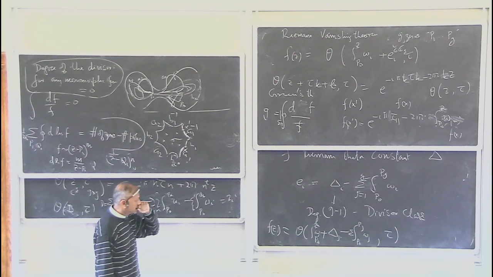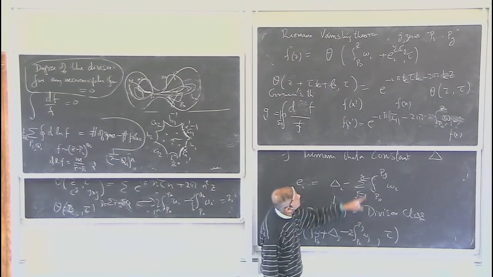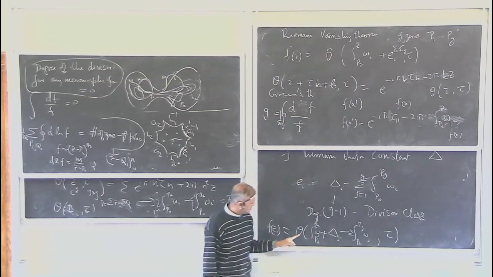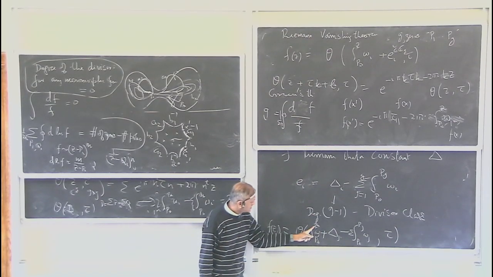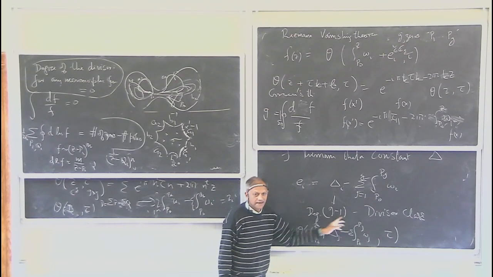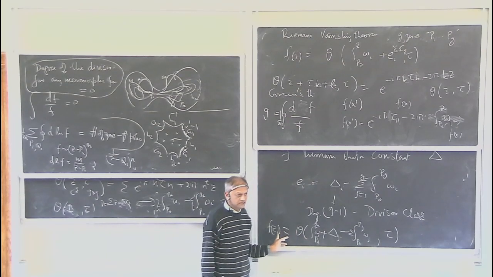The point here is that these are precisely the positions where that function f of z has vanished. If I take z and put it at one of the pj's, then it is 0 identically, because that's exactly the zero of this f of z.